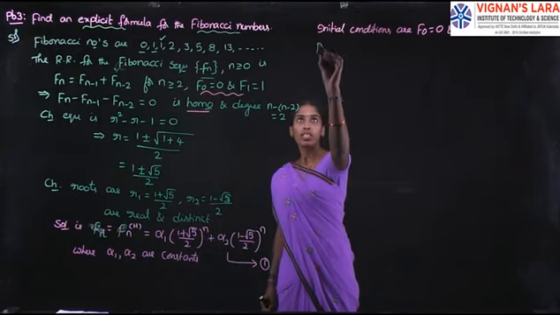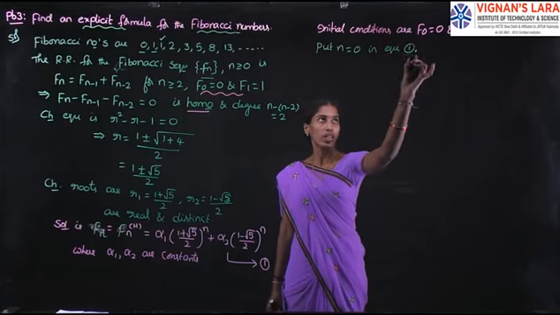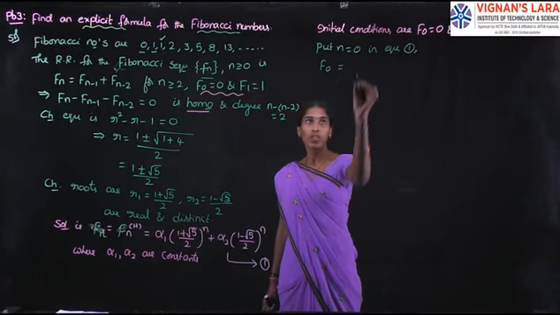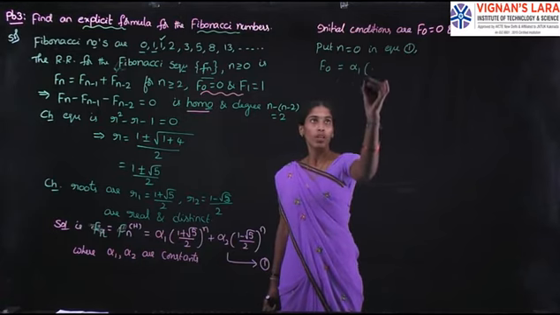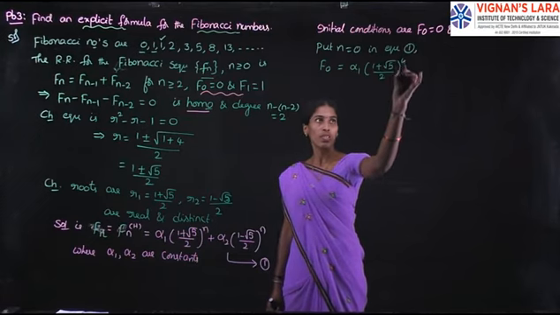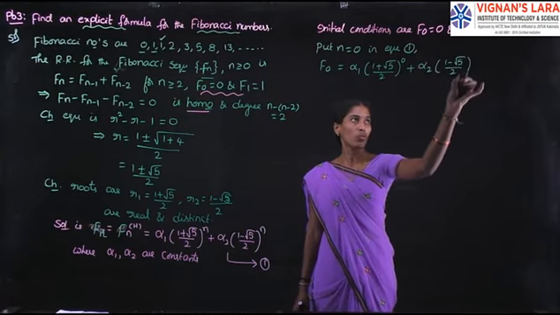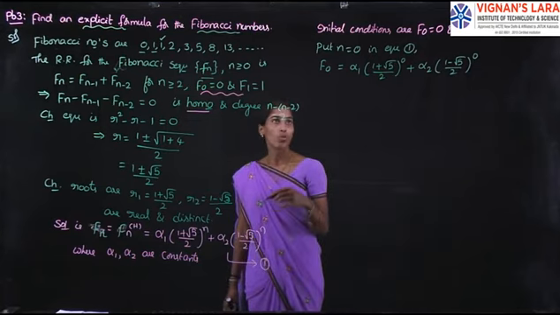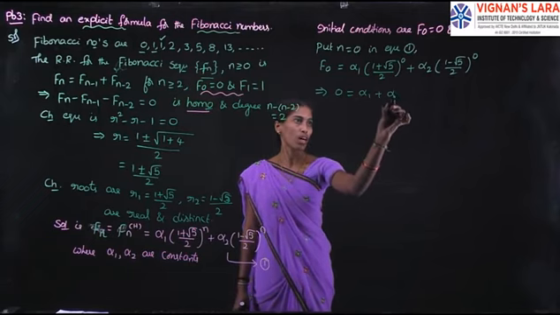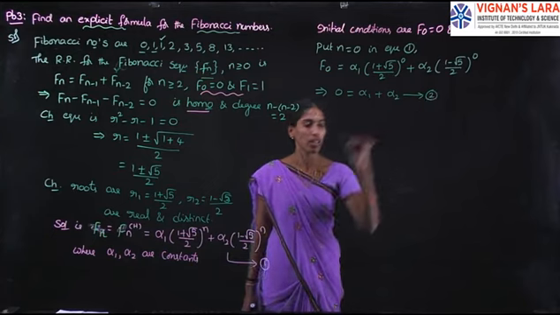Now put n is equal to 0 in equation 1. We get f0 is equal to alpha 1 into 1 plus root 5 by 2 whole to the power 0 plus alpha 2 into 1 minus root 5 by 2 whole to the power 0. So f0, which is 0, is equal to alpha 1 plus alpha 2, because x to the power 0 is 1. Let it be equation 2.